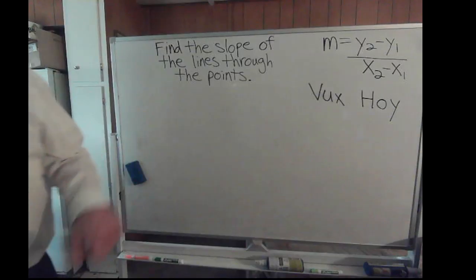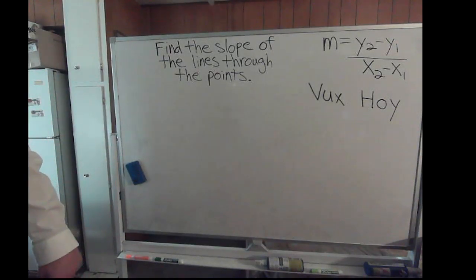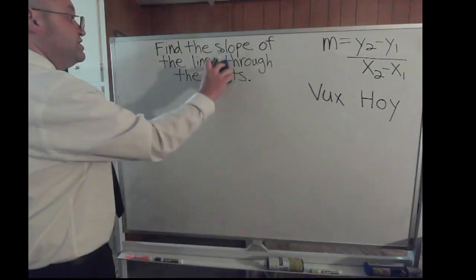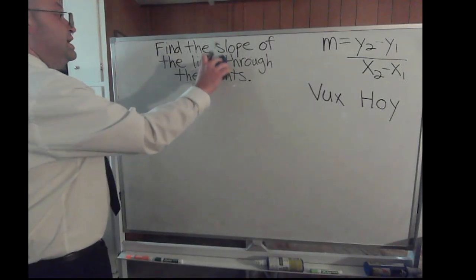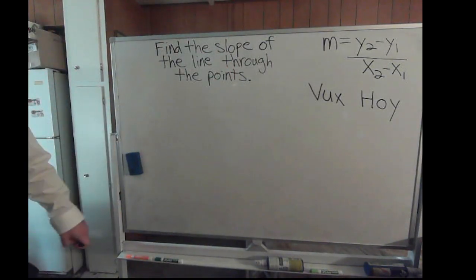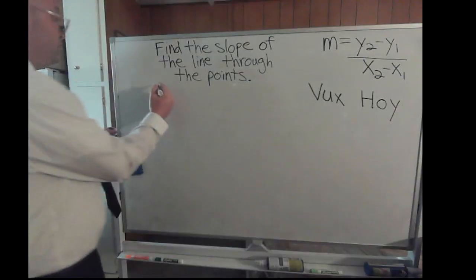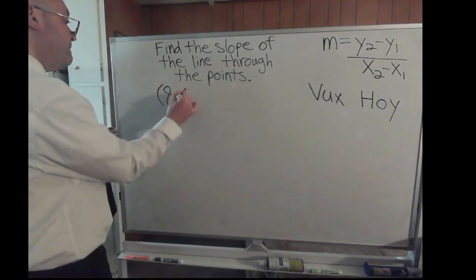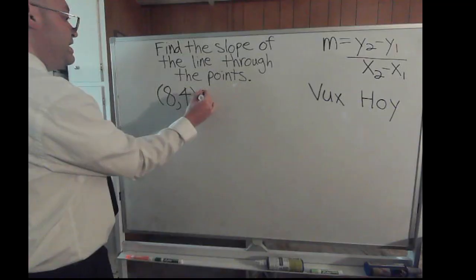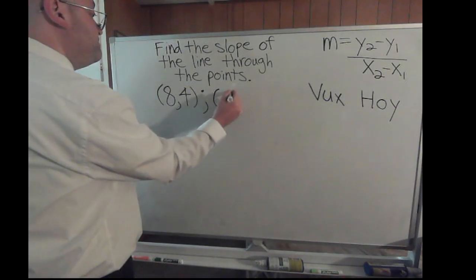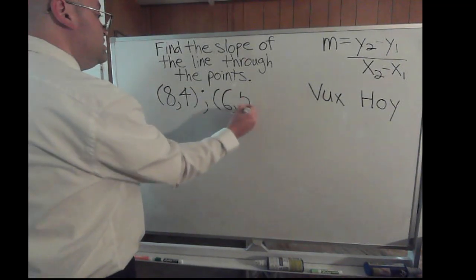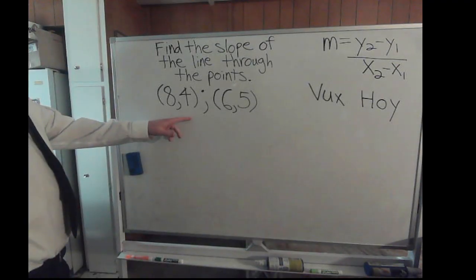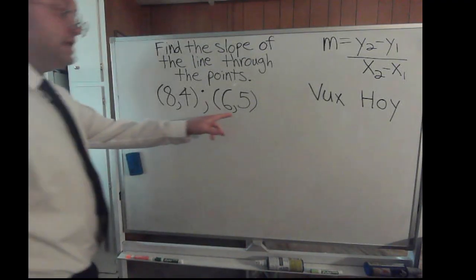We're about to find the slope of the line between them. There's only one line in each of these we're going to find the slope of. So let's say we have the points 8, 4, and then we have 6, 5. So we need to find the slope of the line running through the points 8, 4, and 6, 5.